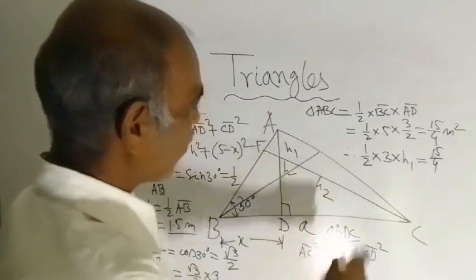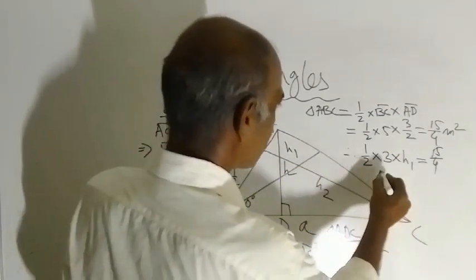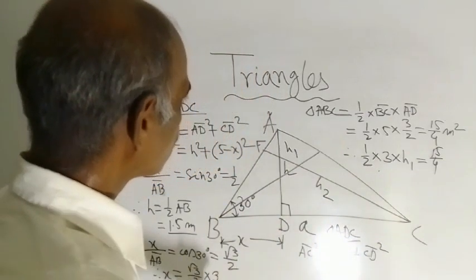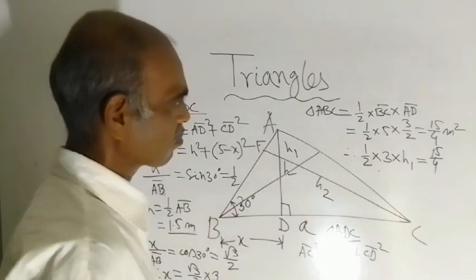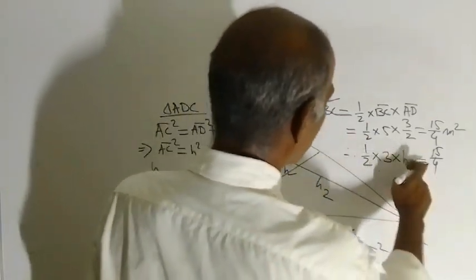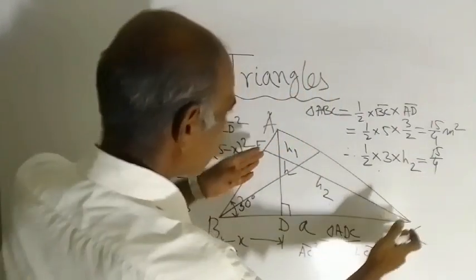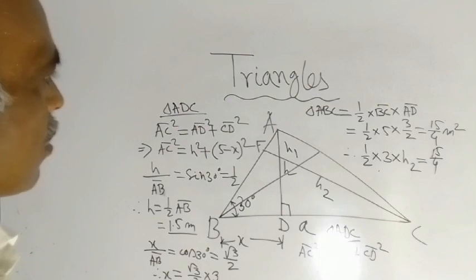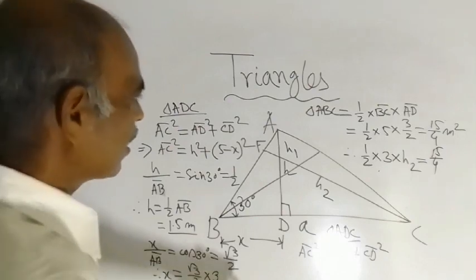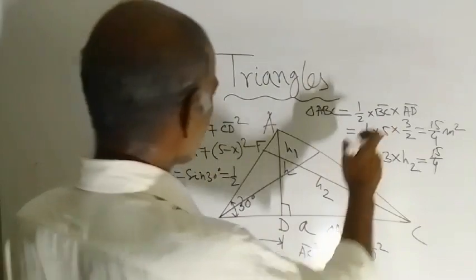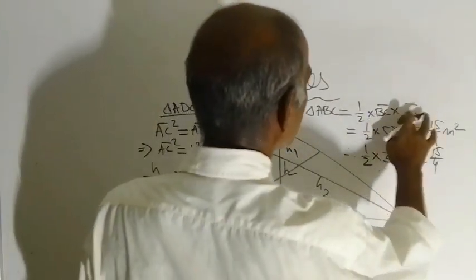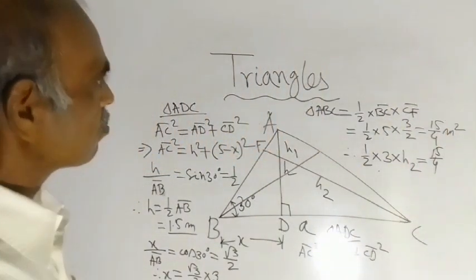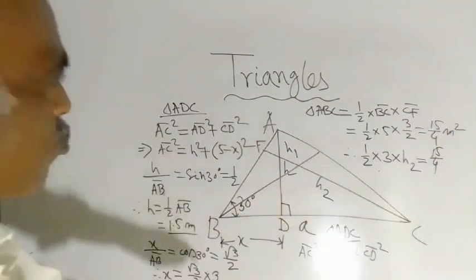Similarly, H2 you can find out. This is not H1, this is the value of H2. We have considered this one, H2, not H1. And here, this is not AD, this is CF. CF is denoted by H2.